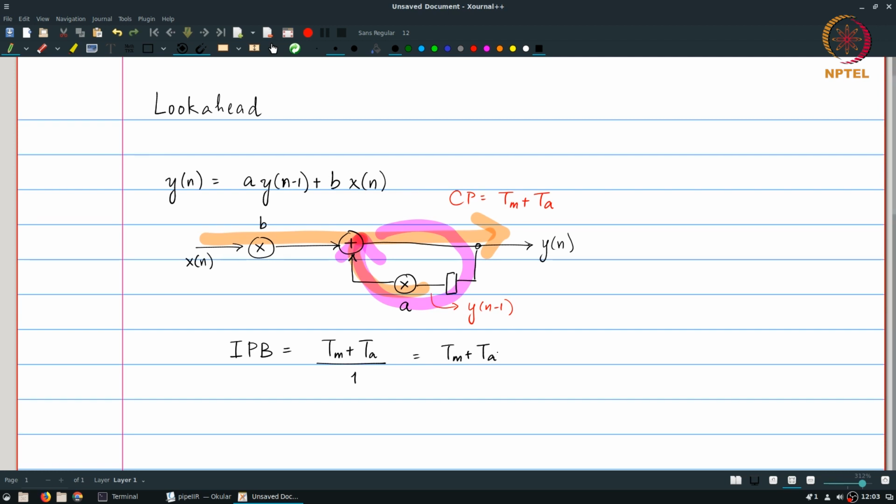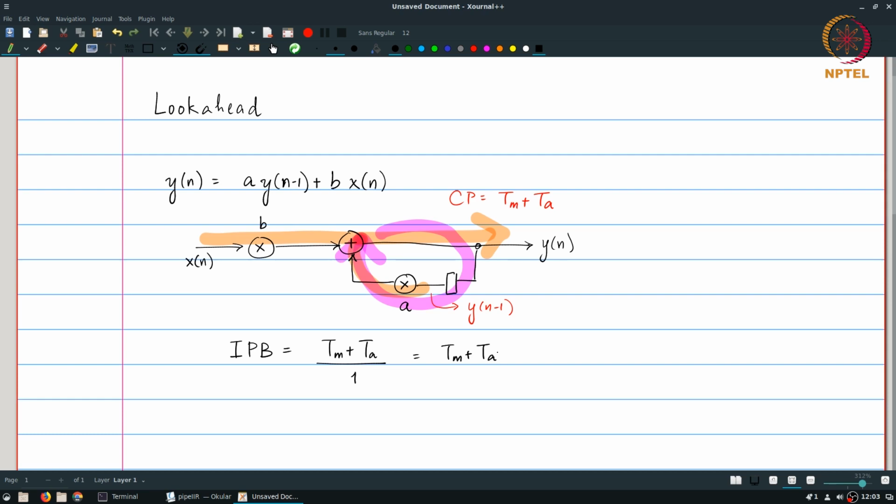And since we have found that the critical path and the iteration period bound match, it looks as though there is nothing further that we can do to speed up this implementation of the IIR filter. In other words, the minimum sample interval that can be used for processing this IIR filter is in fact determined by Tm plus Ta.